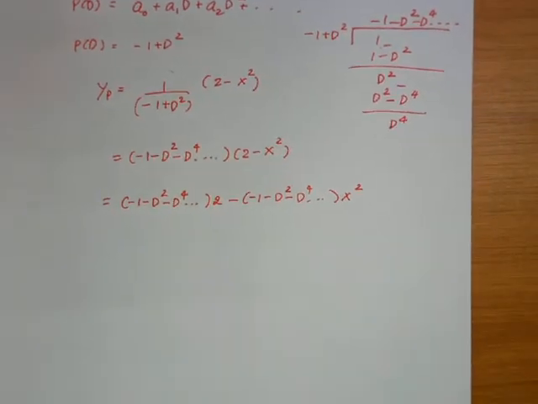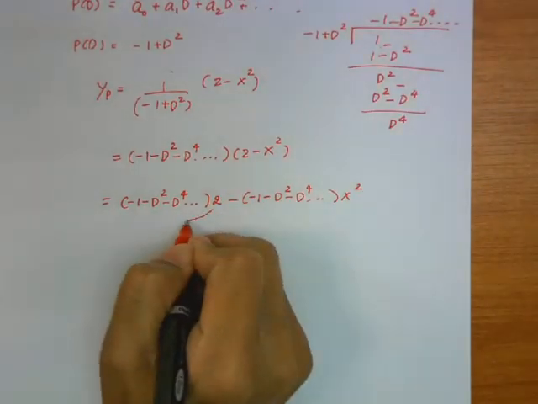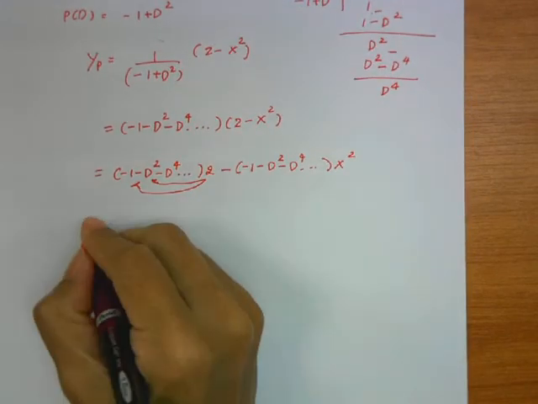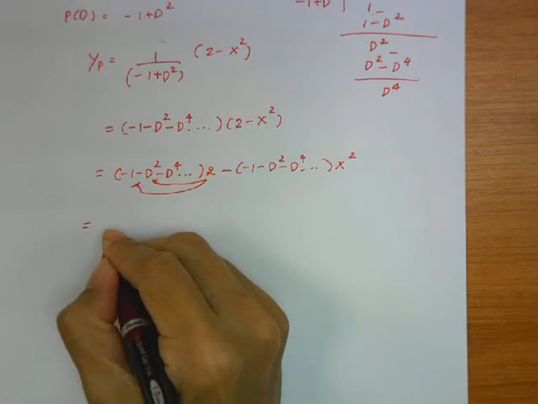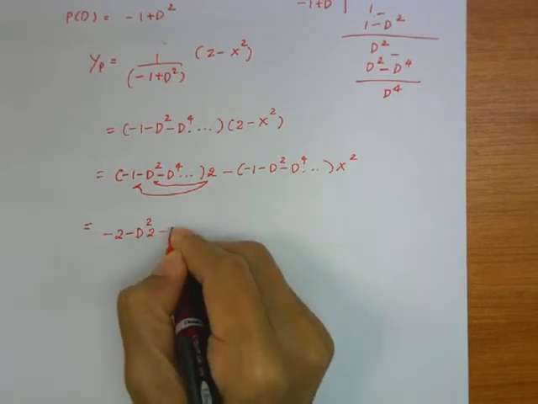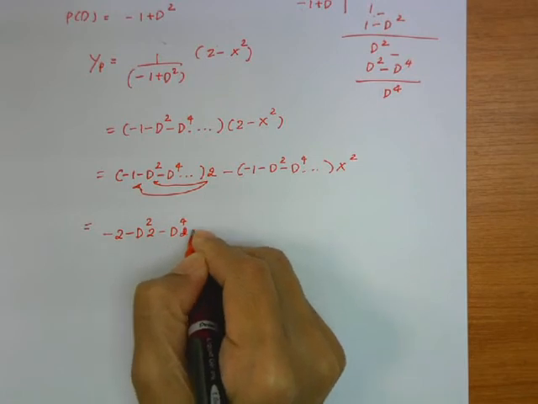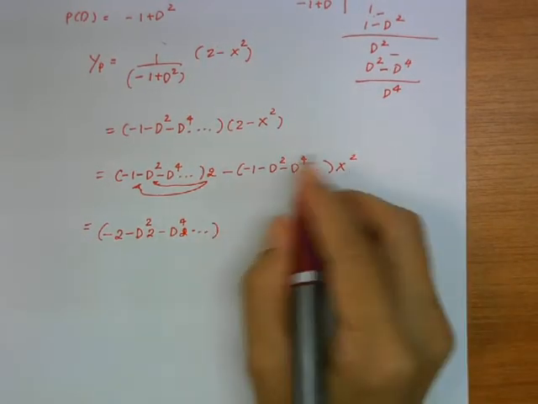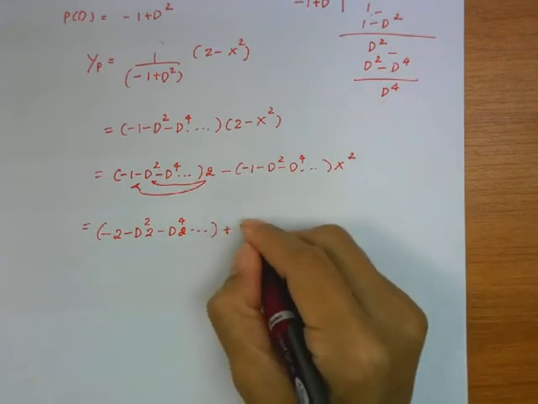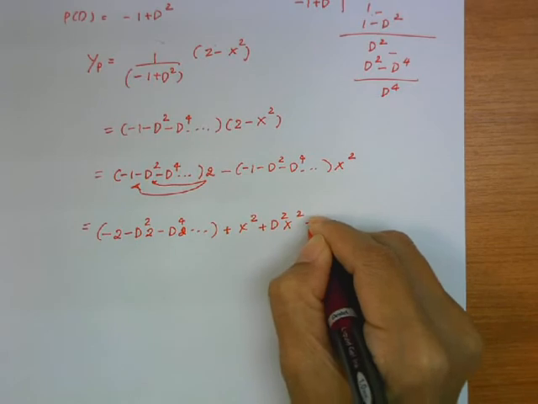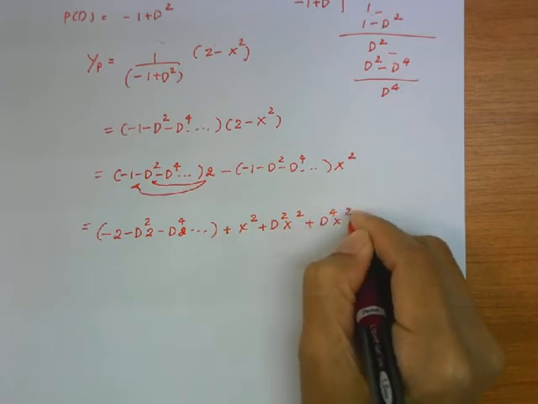Right? And then you distribute your function to the term of your differential, you would get: the first term, minus 2, minus D squared 2, minus D to the power 4 2, and so on. And this one you would get plus x squared, plus D squared x squared, plus D to the power 4 x squared, and so on.